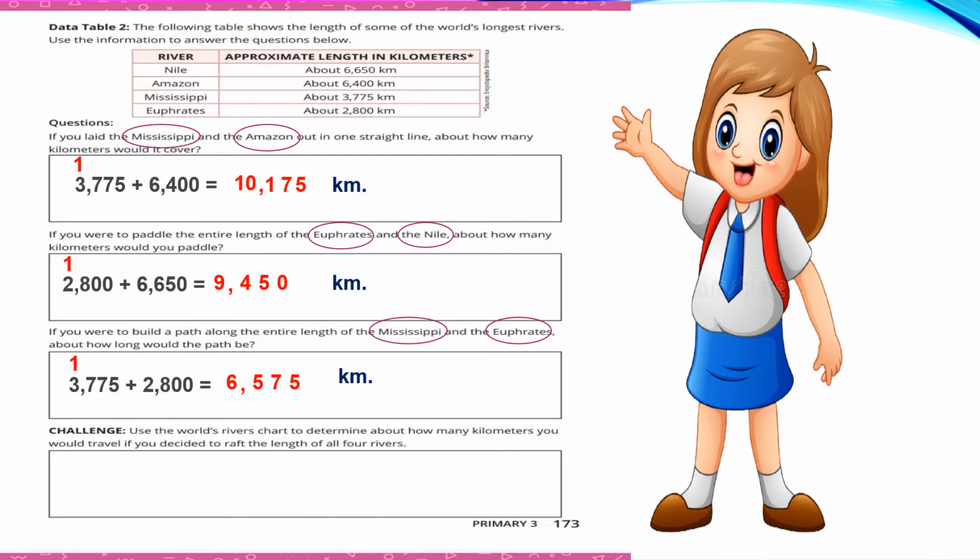We want the number of kilometers of all 4 rivers. So we will make plus to all the rivers up, to all 4 rivers, okay? So the result will be 19,625.